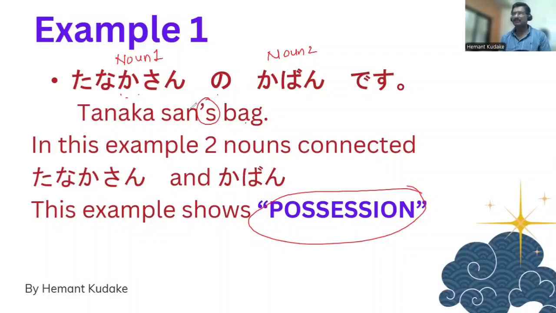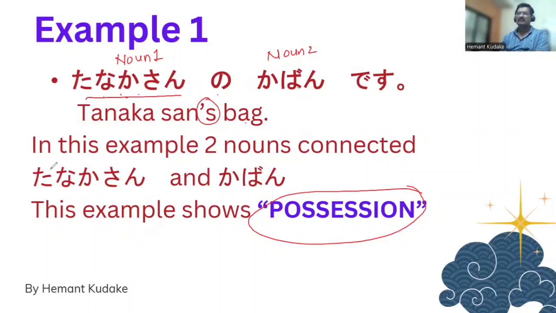As per this example, the owner of this bag is Tanaka-san. Got it? In Hindi we can say Tanaka-san ka bag, and in Marathi Tanaka-san che bag. So particle no's first use is to show possession.